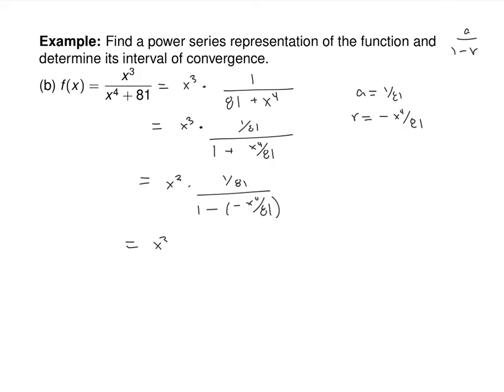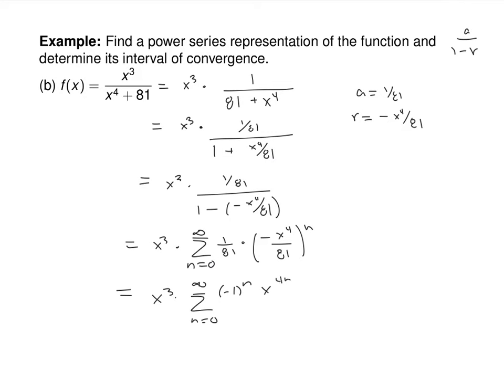So you have x to the third times the sum from n equals 0 to infinity, 1 over 81, times negative x to the fourth over 81 all to the n. And simplifying that slightly, we have the sum from n equals 0 to infinity, negative 1 to the n, x to the 4n, and 81 will be raised to the power of n plus 1.